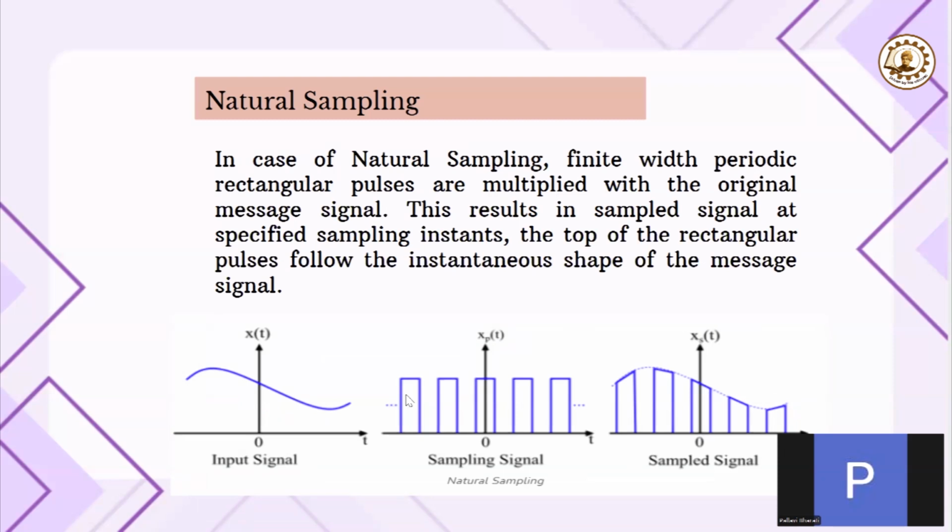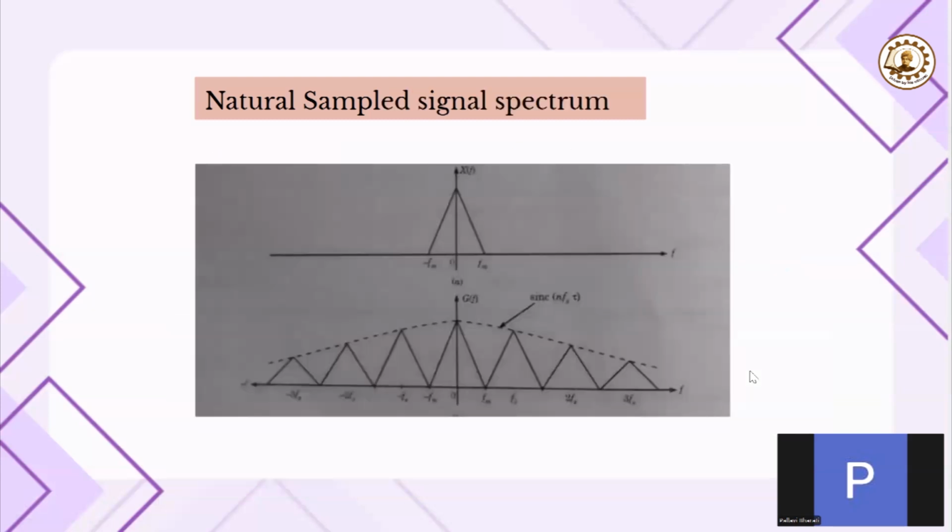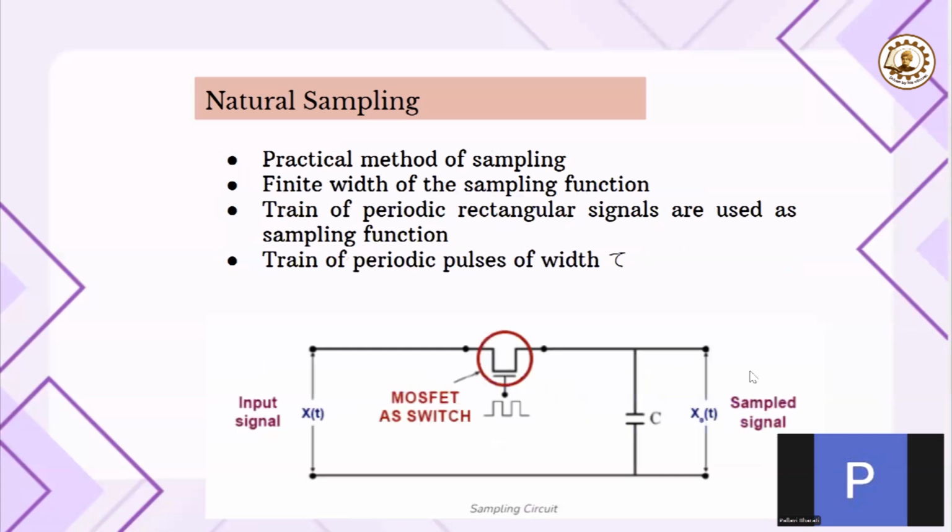So how are we doing it mathematically? Taking the message signal, the input or original signal, and multiplying it with the sampling signal. The sampling signal here is the rectangular function. So we are taking xt and multiplying it with a periodic rect t, and then we are getting a sampled signal. How are we doing it circuit-wise? We take the input as the message signal or the original signal.